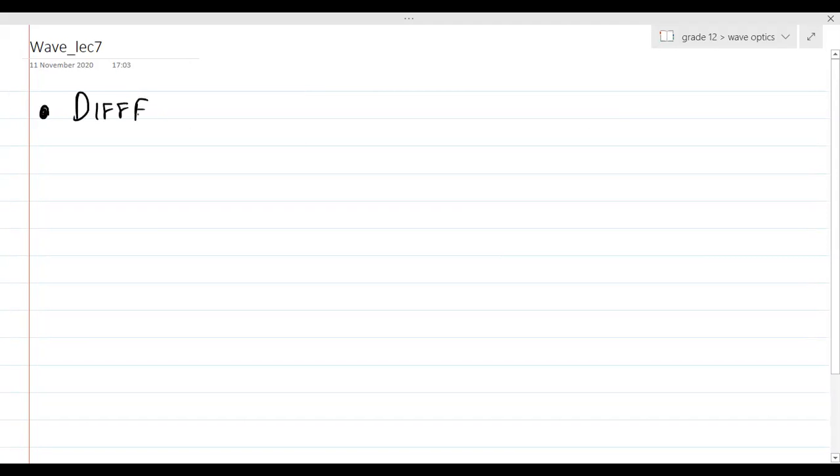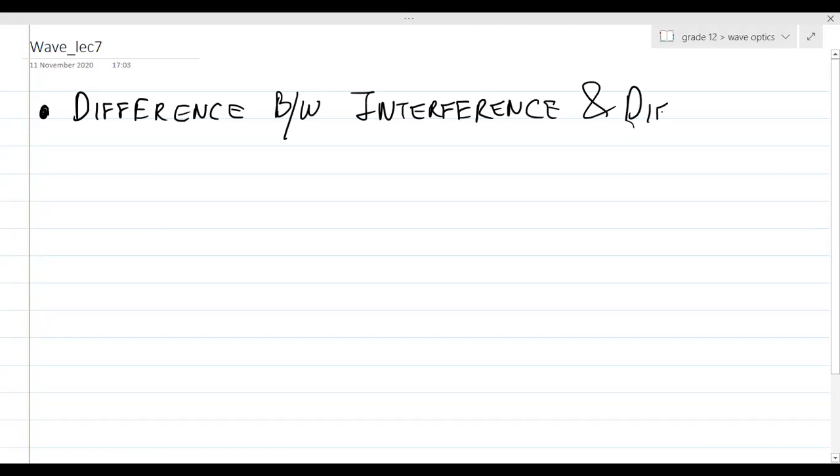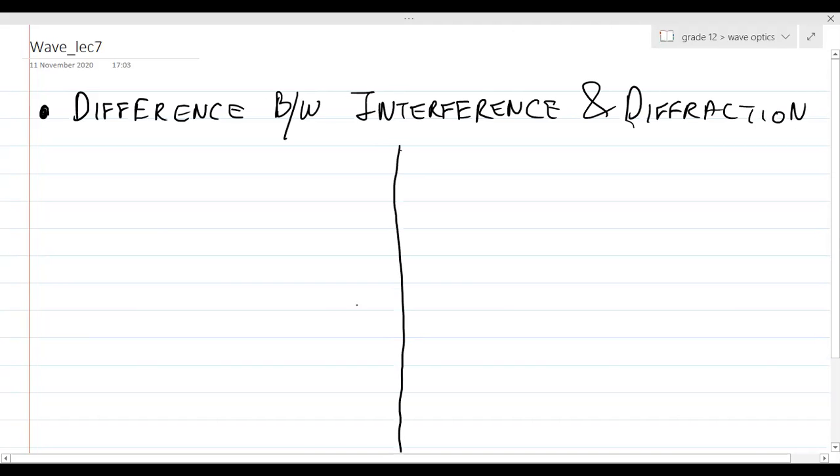Difference between interference and diffraction. Okay. So basically, what is the difference between interference and diffraction?